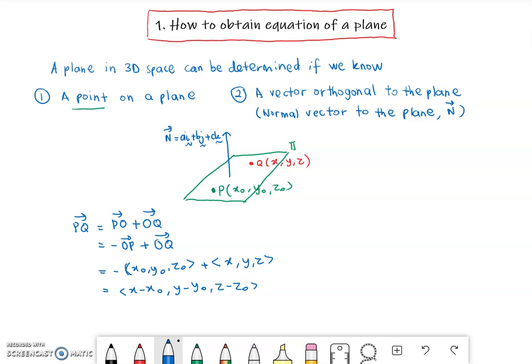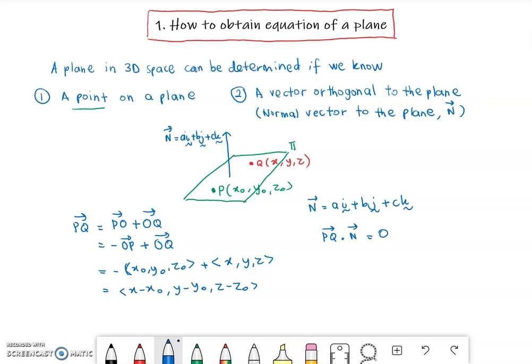Then we have our normal vector, which is equal to ai plus bj plus ck. Then from here we can obtain the equation of a plane by the dot product of vector PQ with the normal vector equals to 0.